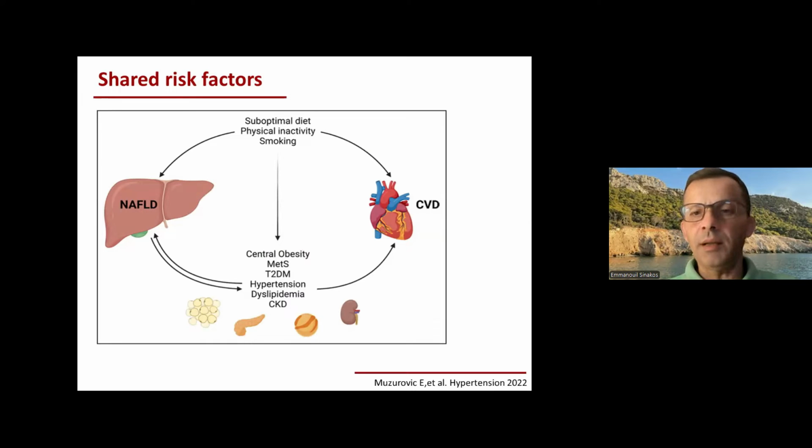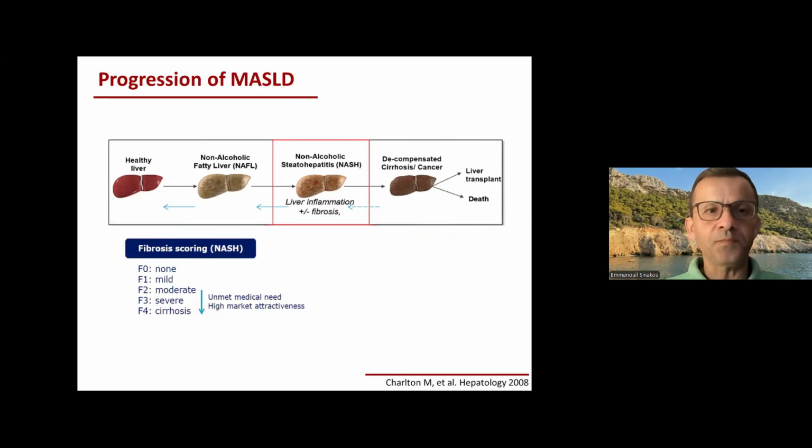MASLD and cardiovascular diseases have shared risk factors, which are either environmental or coming from other comorbidities, as I have already spoken of. Of course, not every patient from the vast number of patients all over the world that have MASLD is at risk.